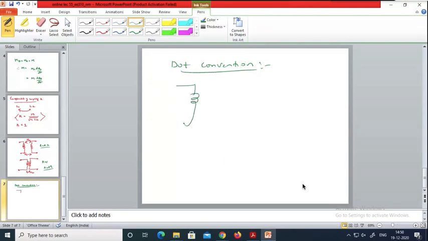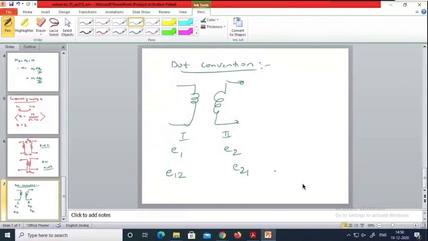So for example here, there are two coils. This is coil number 1 and coil number 2. Here E1 is the self-induced EMF in coil 1, and E2 is the self-induced EMF in coil 2. E12 is the mutually induced EMF in coil 1 due to the changing current in coil number 2.